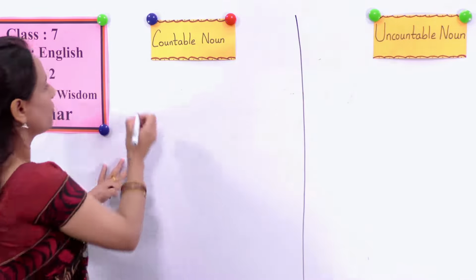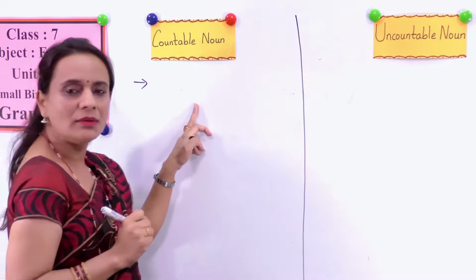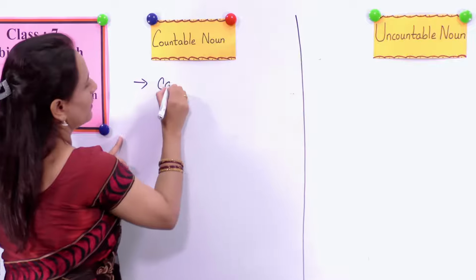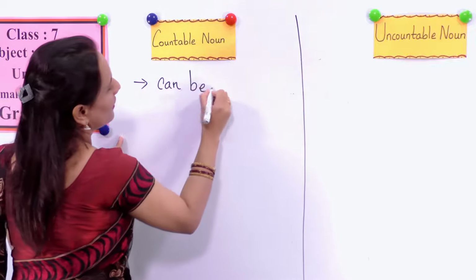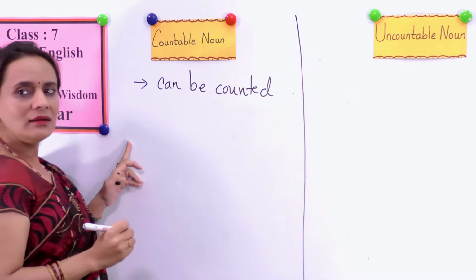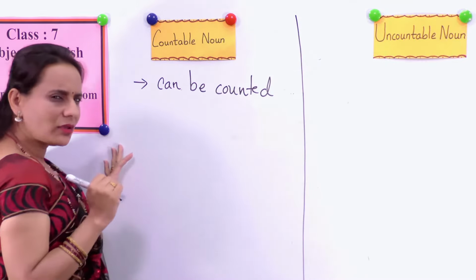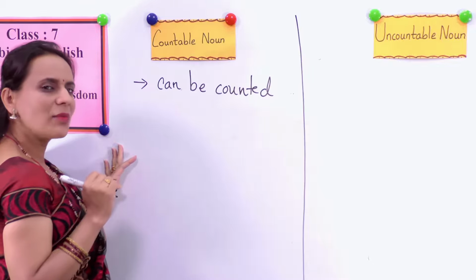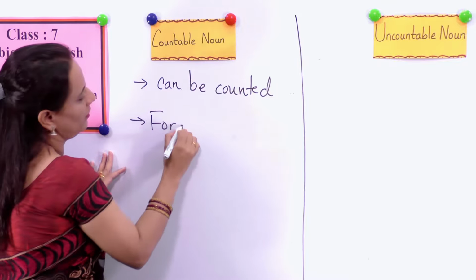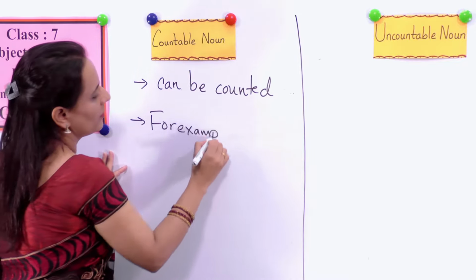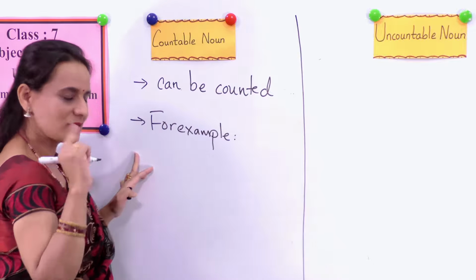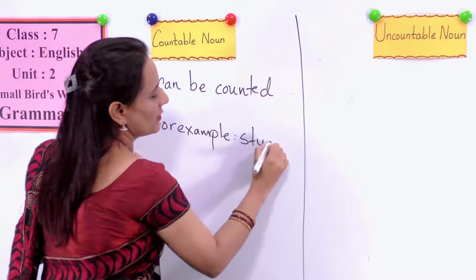So first of all, the first point, countable noun. What? Can be counted. Very good. Can be counted. Can you give an example? For example, what? Student.